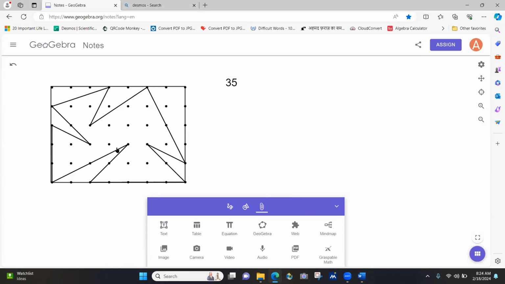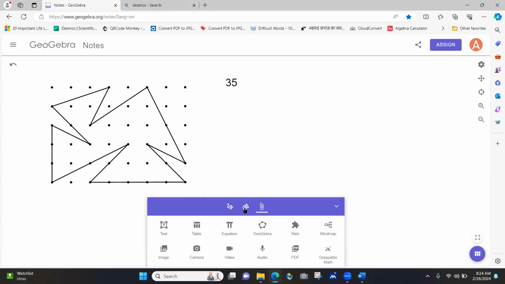Now what we're going to do is find the areas of all these triangles. This one, this obtuse angle triangle, this right triangle. This is an obtuse angle triangle, obtuse, obtuse. Now, right triangles are always easier to find. I'm going to erase this rectangle.